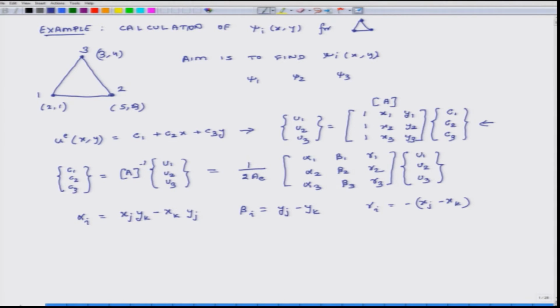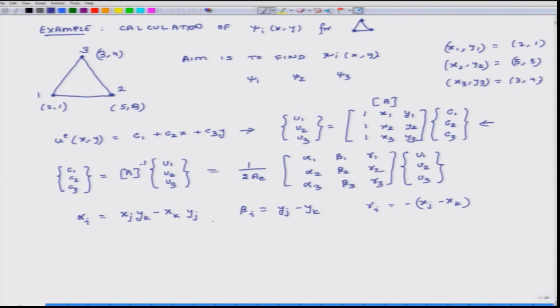Now, in this case we know that x1 y1 corresponds to 2 1, x2 y2 corresponds to 5 3, which is the second node, and x3 y3 equals 3 4.